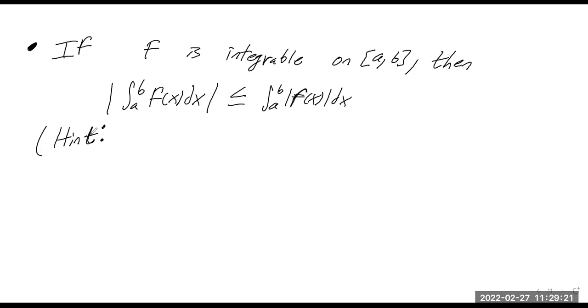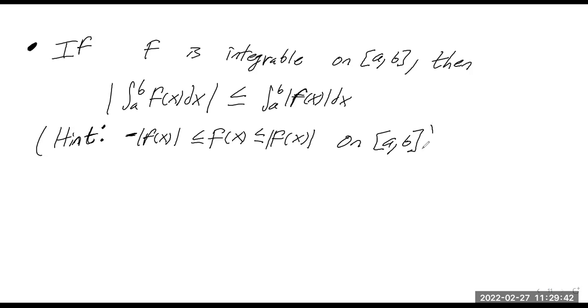This is definitely going to be something that uses your boundedness theorem, but just as a little hint, note that the function f itself is in between the negative absolute value of f and the positive absolute value of f on that closed interval.